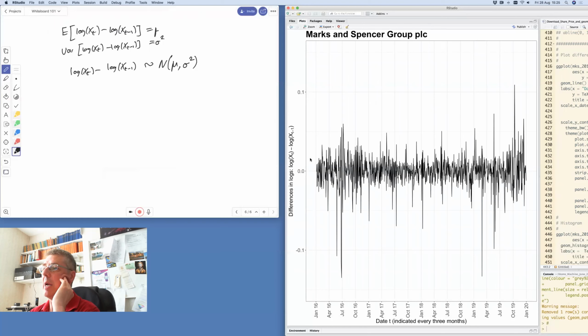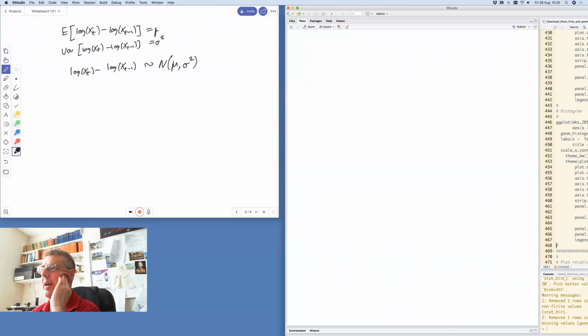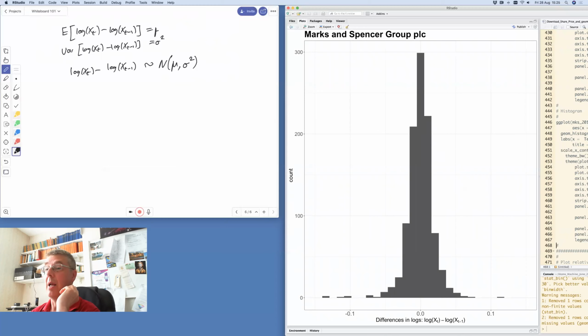Okay, it's not outside the realms of possibility that these values are coming from a normal distribution. I could look at the histogram of those values, and there's the histogram, and again, that could be coming from a normal distribution. So it seems that this model that's based on geometric Brownian motion, and that leads to that result there, could well apply to the Marks and Spencer share case.